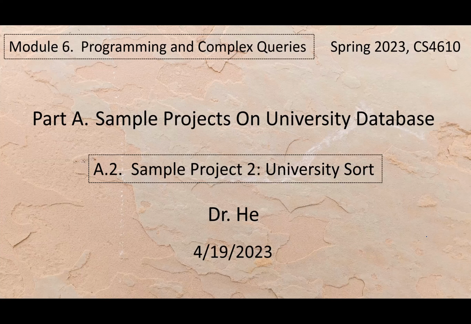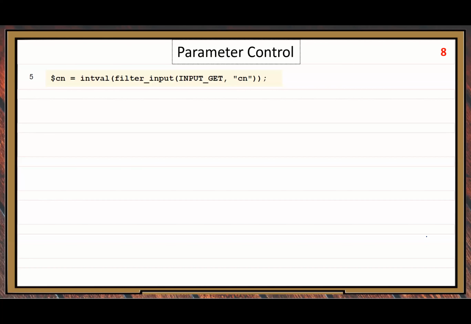Then the second one, we just do one sort feature. So I only talk about the lines related to the sort feature. So this line, when you do the sorting, which column you select. Here I use a CN that refers to column number. Each column you have an index, right?